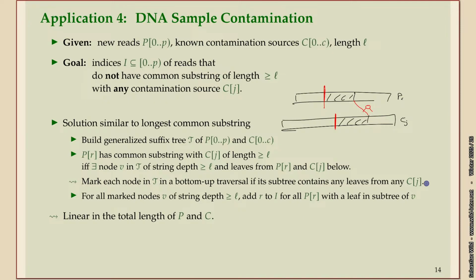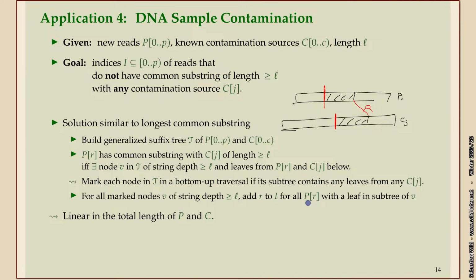Then you get a flag as a dangerous node. And then for any of these marked nodes, we check if they have a string depth of at least L. Then any read that has a leaf below them needs to be removed from the sample.